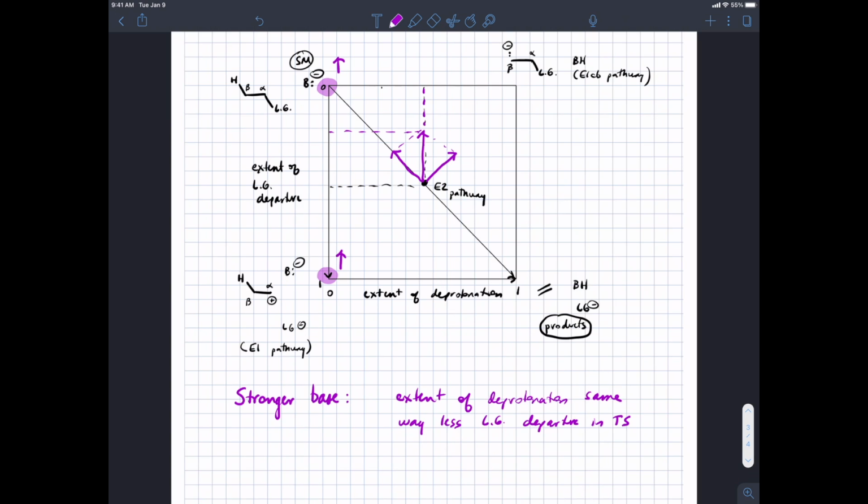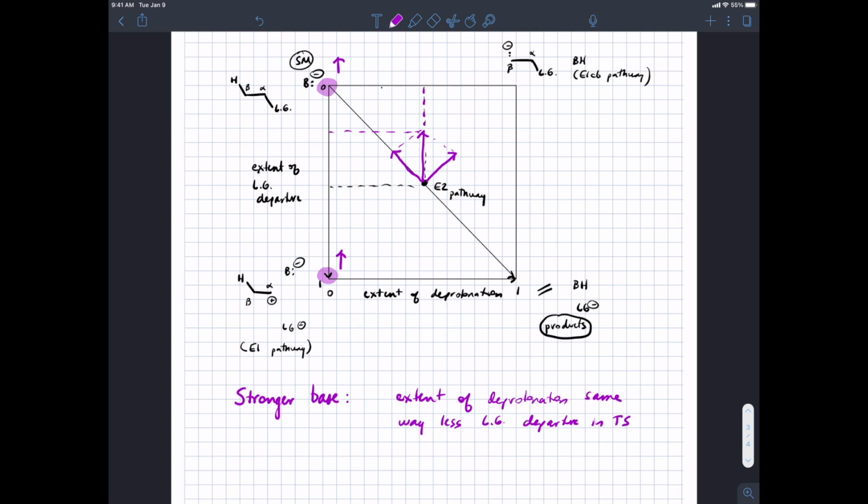So let's go ahead. Why does the base do anything to the leaving group? You understand how we get it on the plot, so now we're just thinking intuitively. Maybe think of it this way.